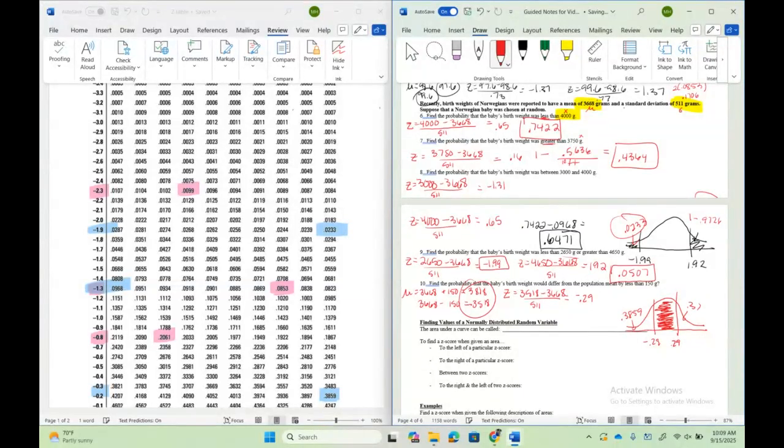And this is 0.3859. All right, so I'm going to do 1 minus 2 times 0.3859. And that gives me an answer of 0.2282.